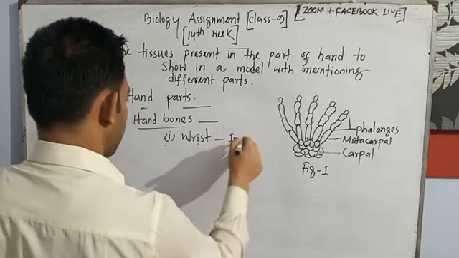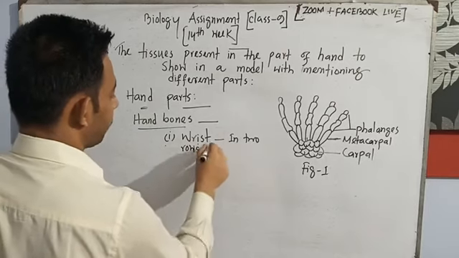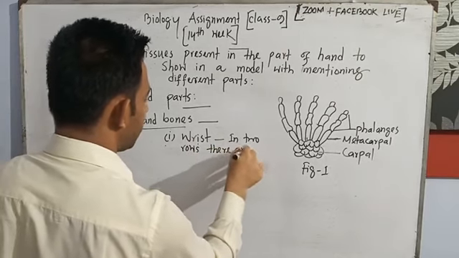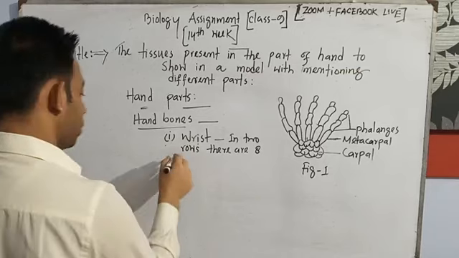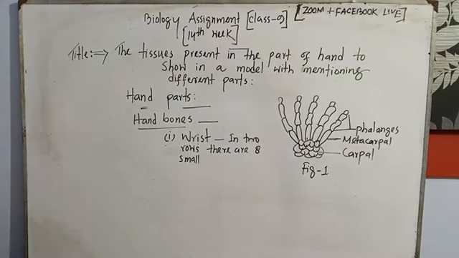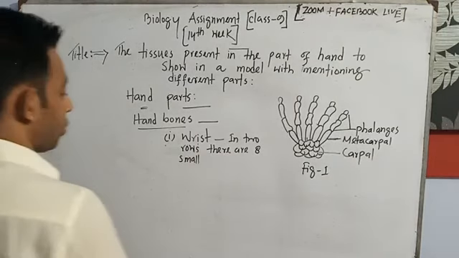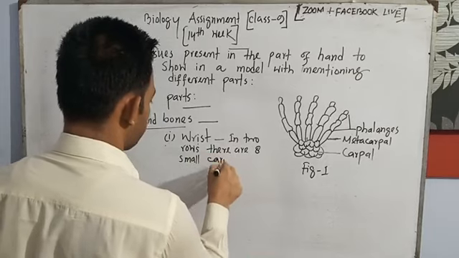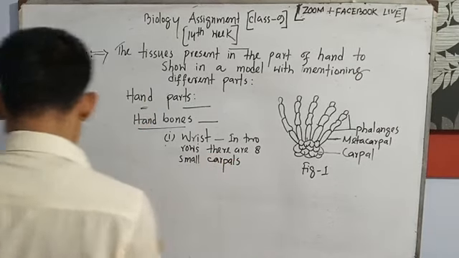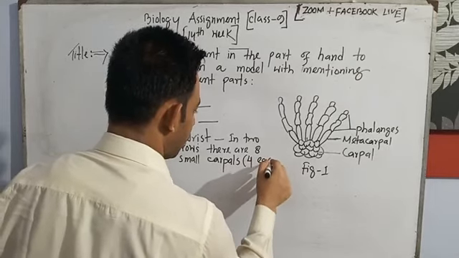Wrist in 2 rows. There are 8 small carpals, 8 small carpals we can see there. For each, you can write there, for each.